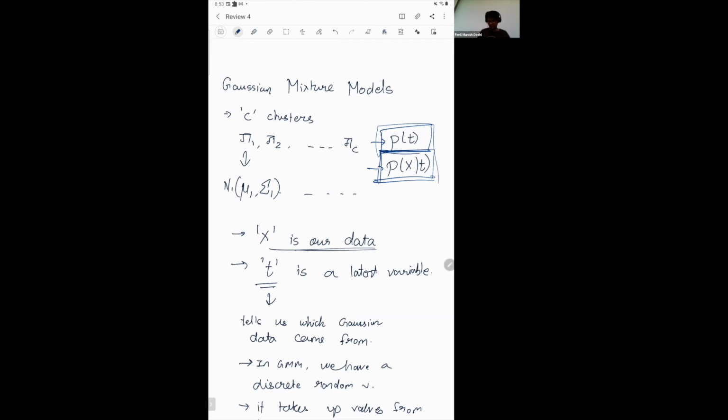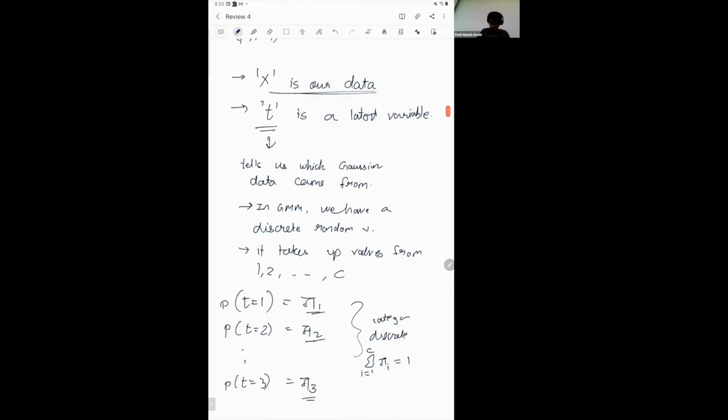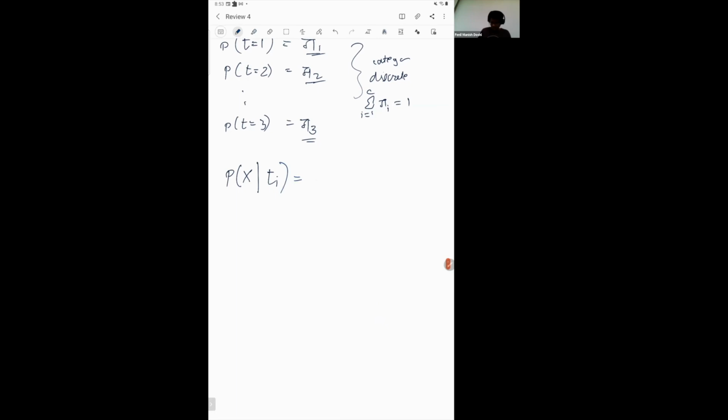So you first select T. Once you know T, you ask what the probability of seeing the X's is. And this is just a Gaussian, with mu and sigma as its parameters.